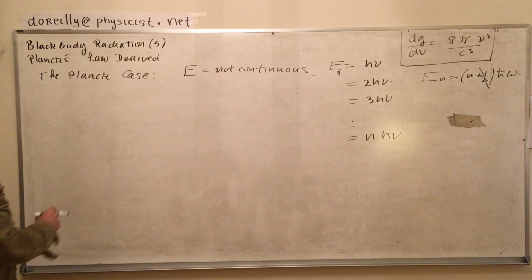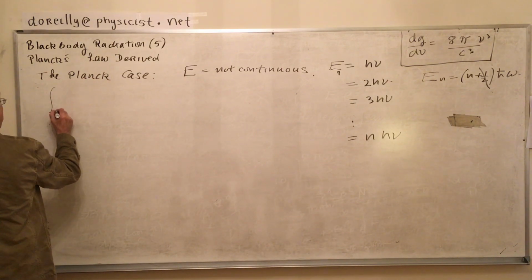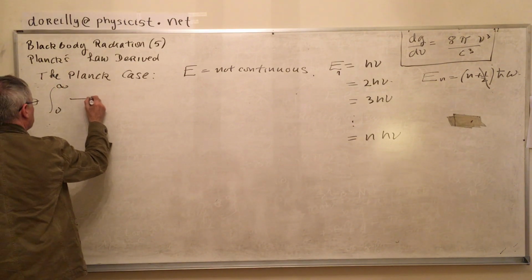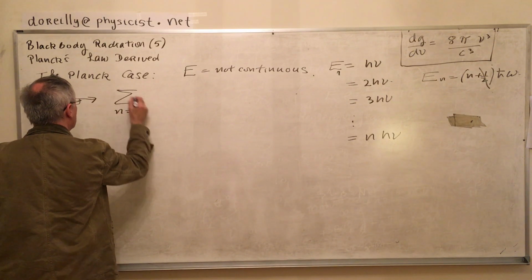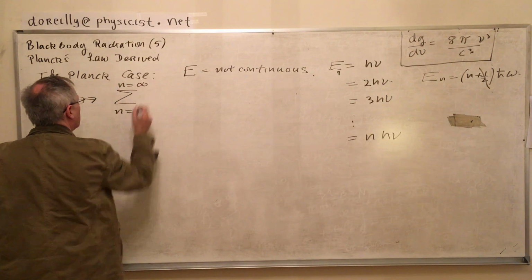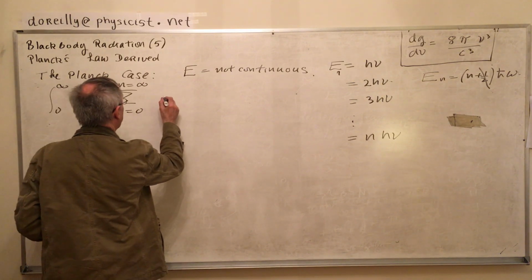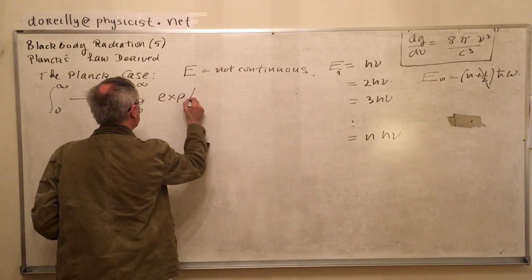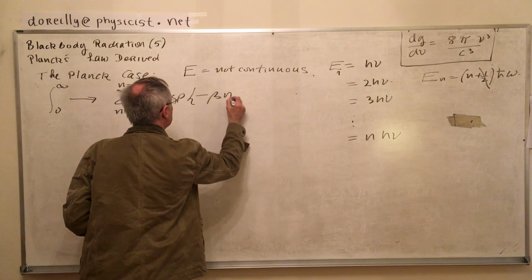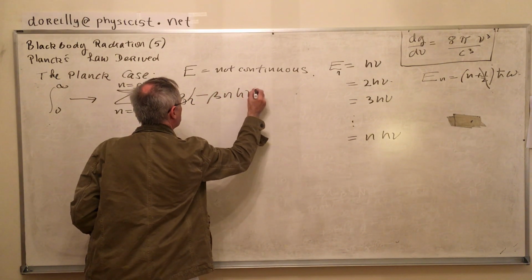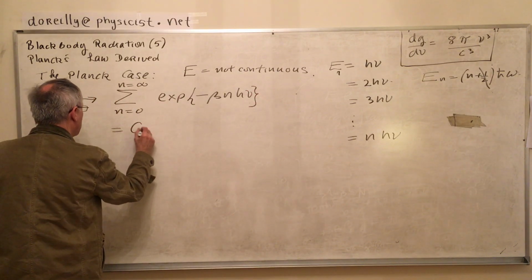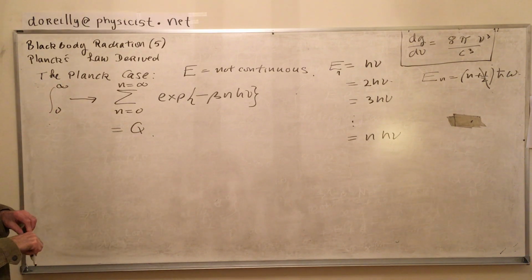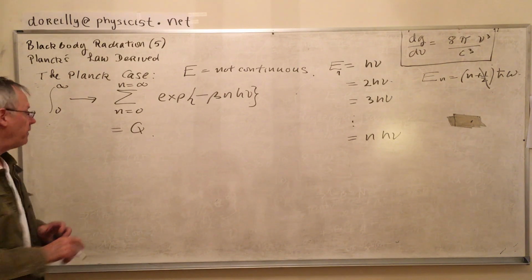So therefore, the integral that we had before from 0 to infinity becomes the sum from n equals 0 to n equals infinity of a similar sort of expression. The exponential, this is the partition function in this case now. I may not have the time to do the full derivation, so I'll do another couple of minutes of this.